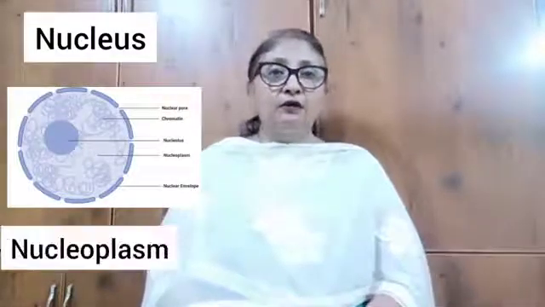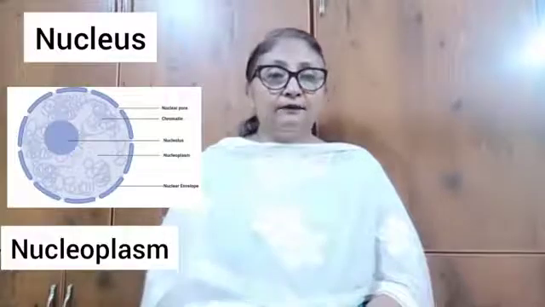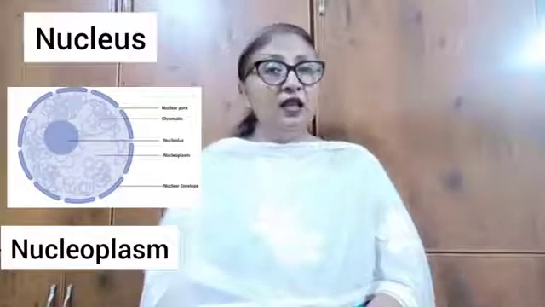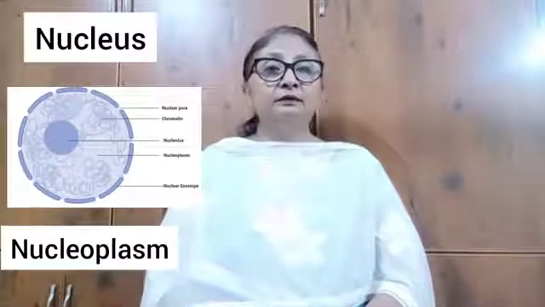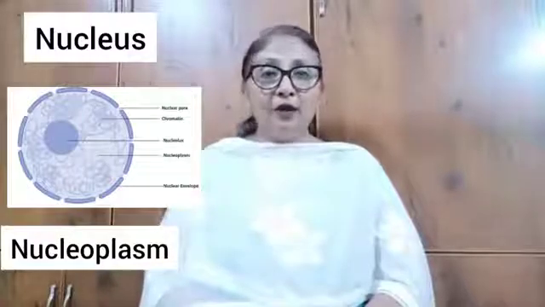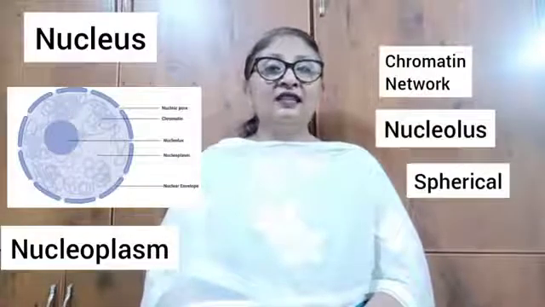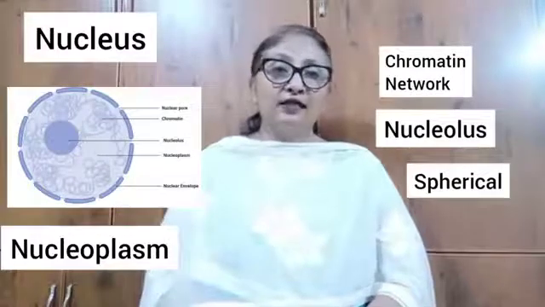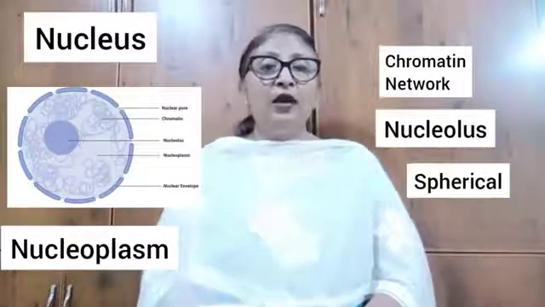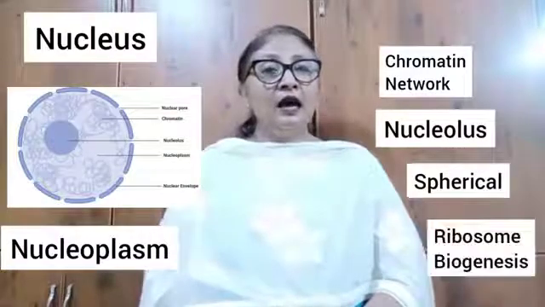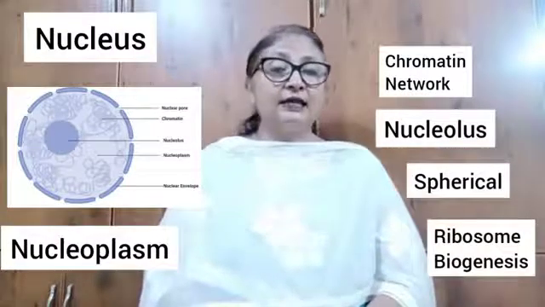Inner to the nuclear membrane is found the nucleoplasm, and suspended in the nucleoplasm are the chromatin network and the spherical structure called nucleolus. The nucleolus helps in ribosome biogenesis.